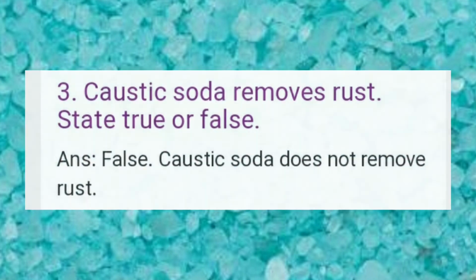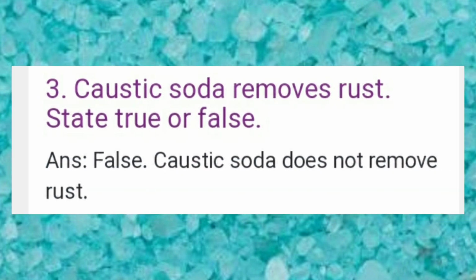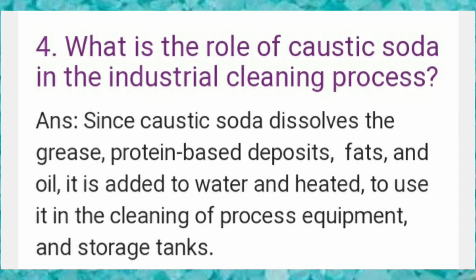Got it, children? Caustic soda removes rust. True or false? You have to write false and give the reason, children. Caustic soda does not remove rust. Then what is the role of caustic soda in the industrial cleaning process?